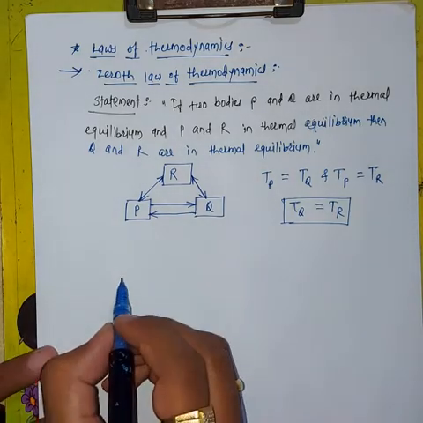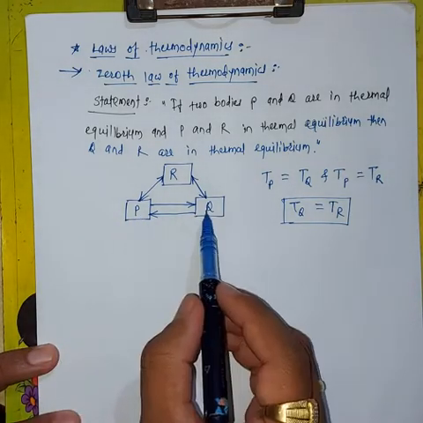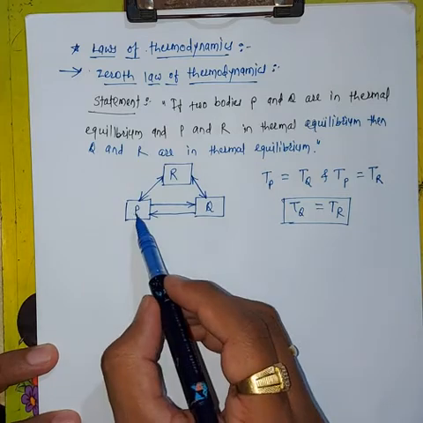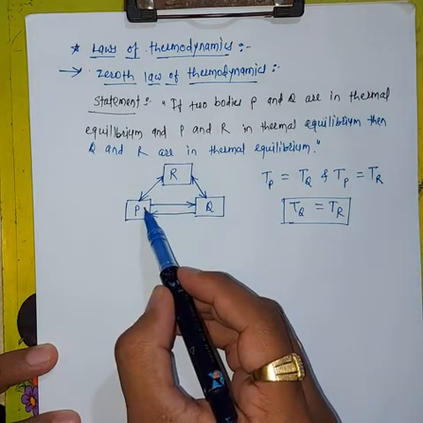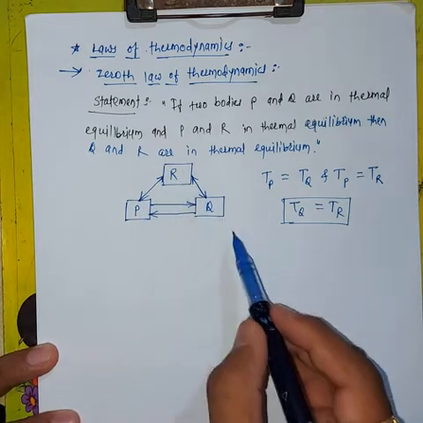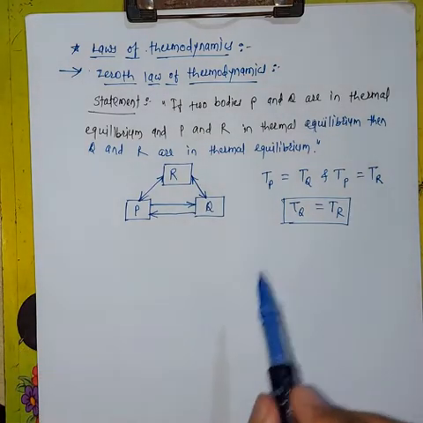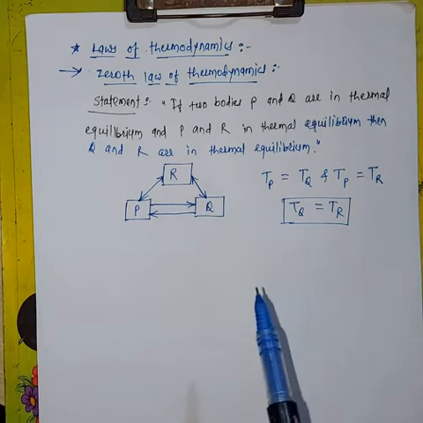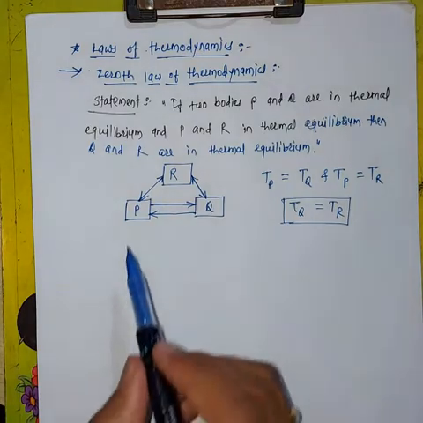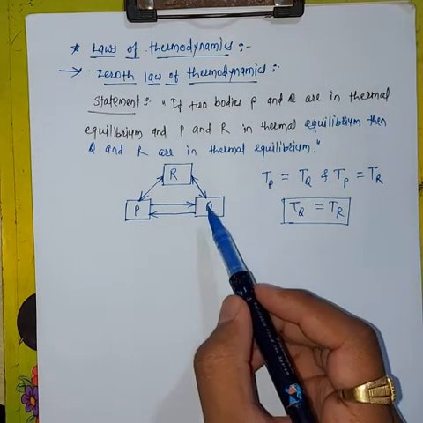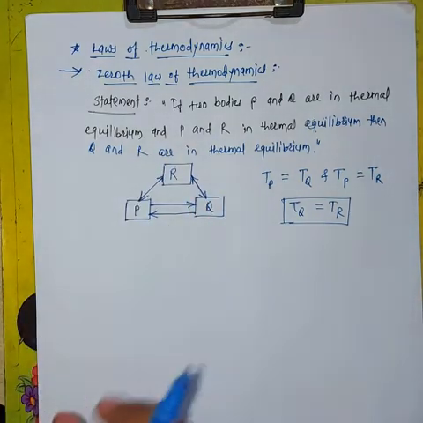If these two bodies are in thermal equilibrium with each other, then P and R are in thermal equilibrium with each other, and then R and Q are also in thermal equilibrium with each other. That means all the bodies in thermal equilibrium are at equal temperature. This body P, this body Q, and this body R, these three bodies have the same temperature.